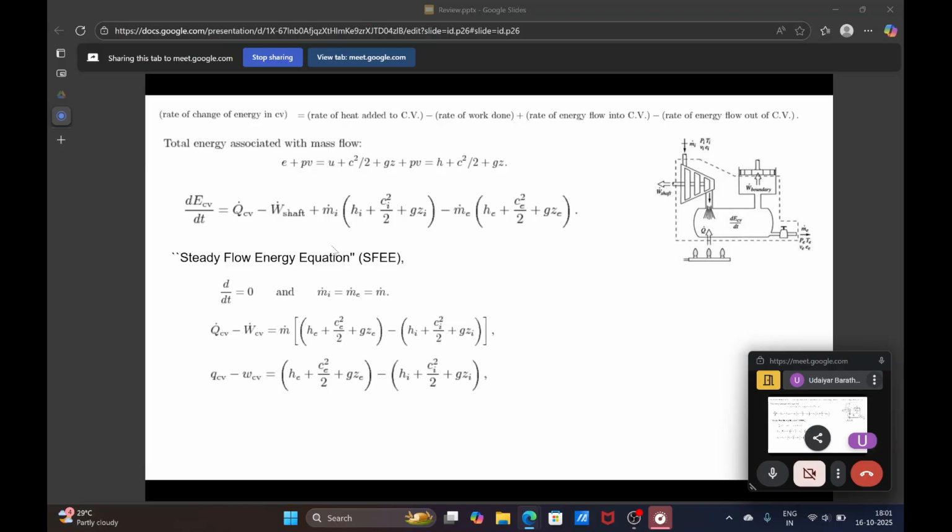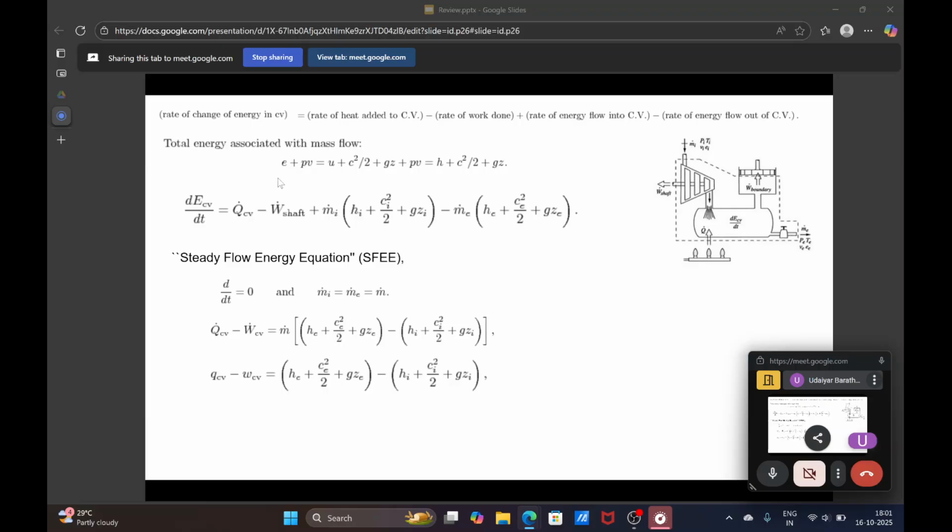The mass coming in also carries some energy, so it is written in terms of enthalpy. So what we get is dE_CV by dt equals Q_CV minus W plus inlet flow rate m_i into h_i plus kinetic and potential energy, minus the exit stream energy, m_e h_e, plus similarly the kinetic and potential energy.